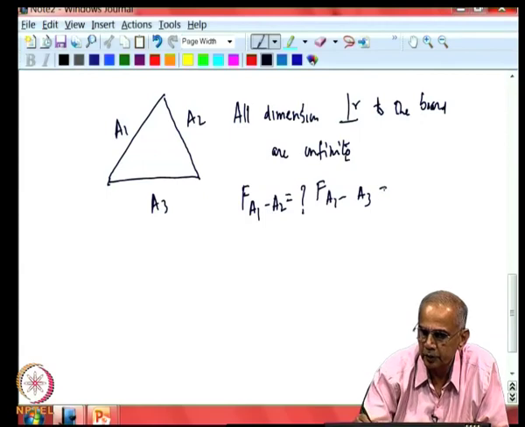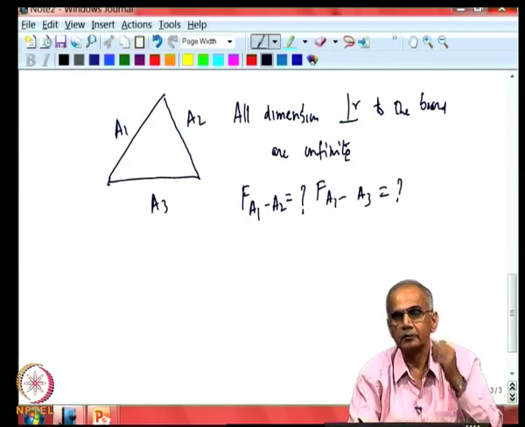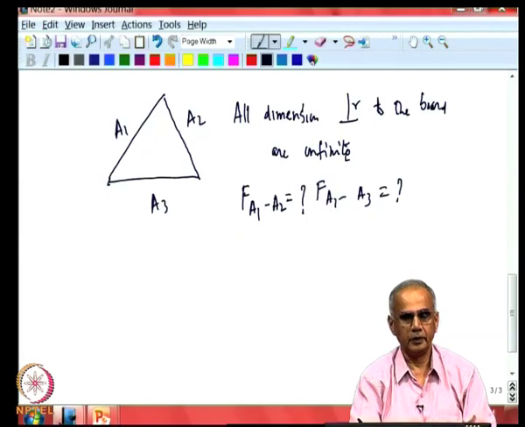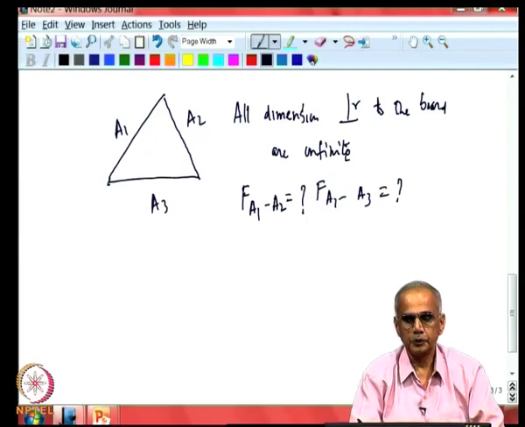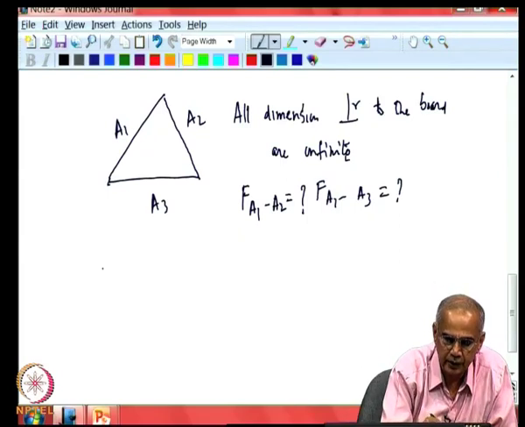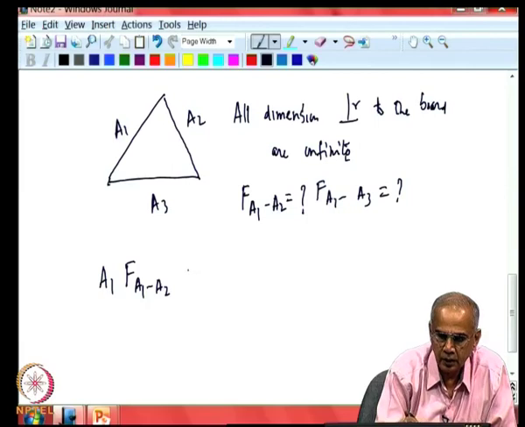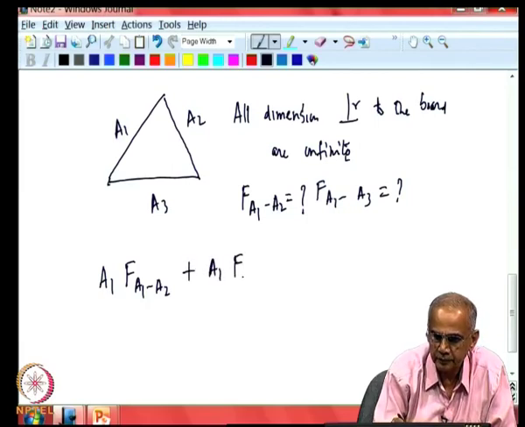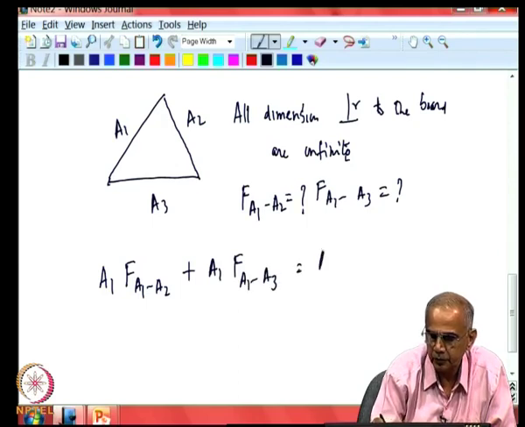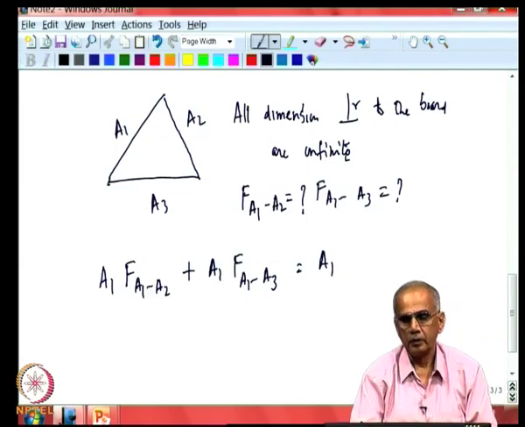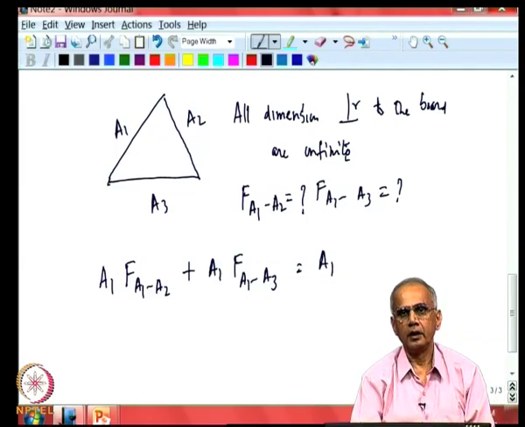Now, it is possible because we can write down an energy balance: radiation leaving surface 1 and reaching surface 2, as well as radiation leaving surface 1 and reaching surface 3, has to be equal to radiation leaving surface 1.